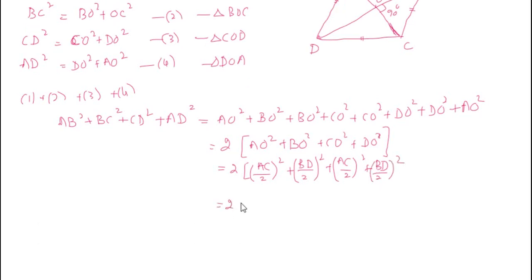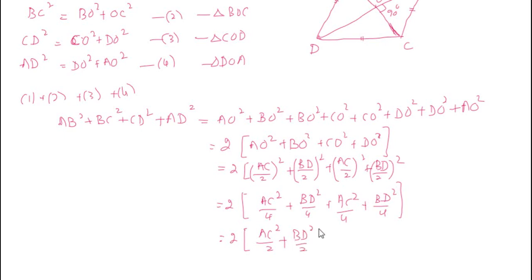This can be written as 2 into AC square by 4 plus BD square by 4 plus AC square by 4 plus BD square by 4. Continuing this, keeping the 2 outside, AC square by 4 plus AC square by 4 will become AC square by 2 plus BD square by 2.